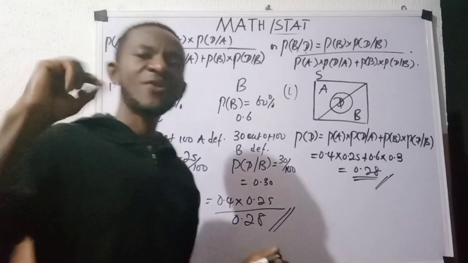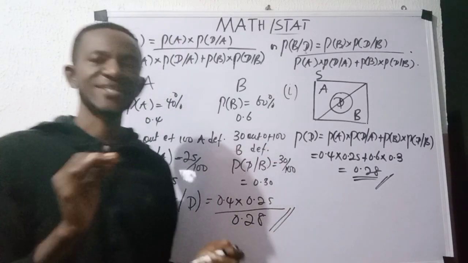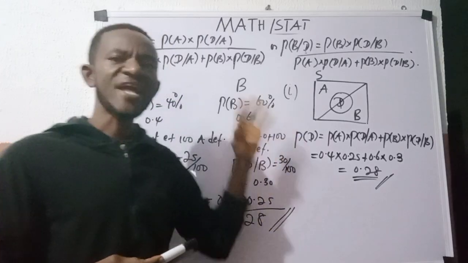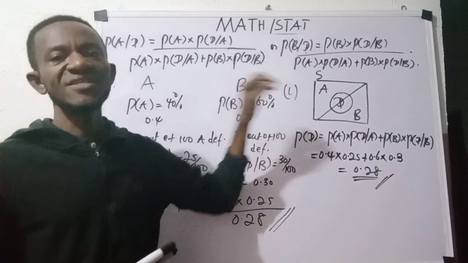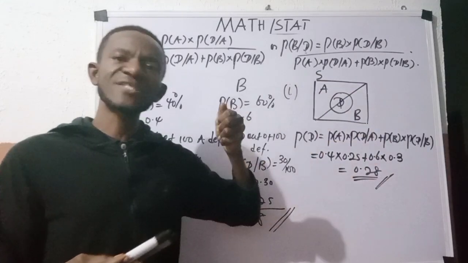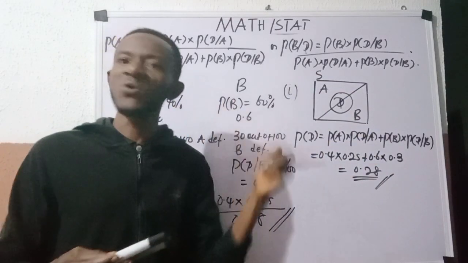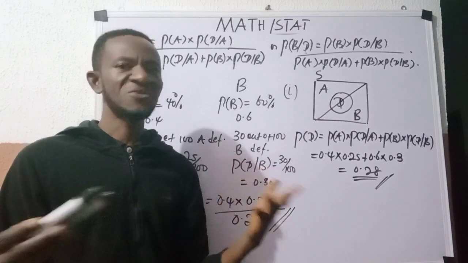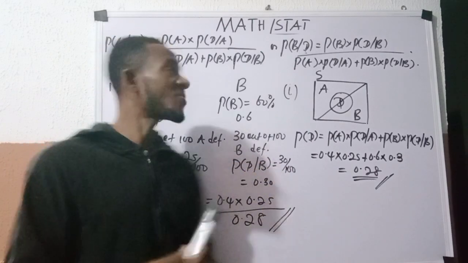So what is required of us to understand in Bayes' theorem is the connections between these sets that are found in the sample space alongside that event that is superimposed on it. The moment you understand their connections, you don't have a problem. How do I mean by connection?